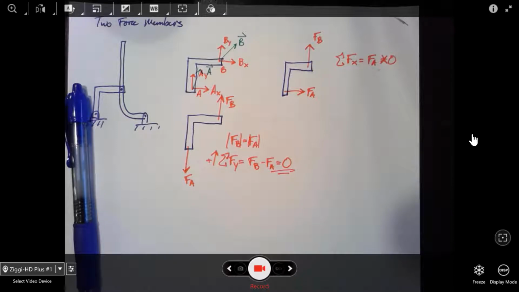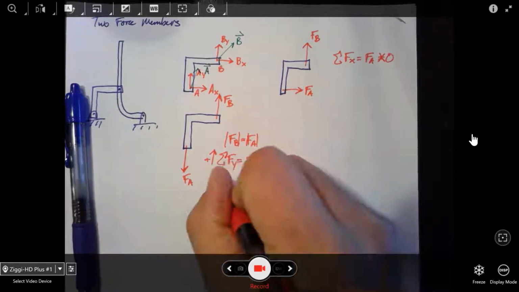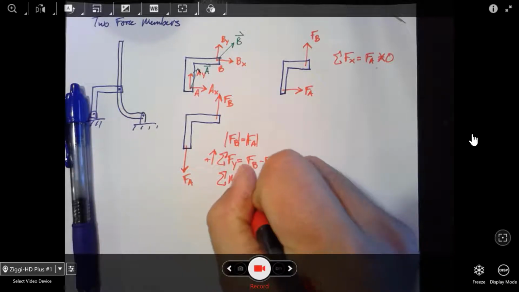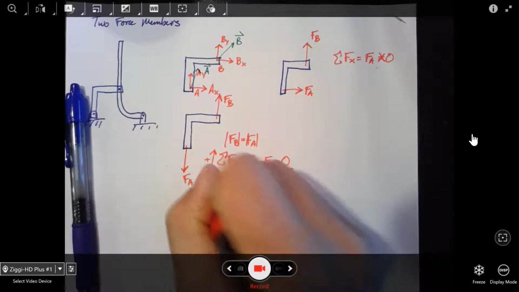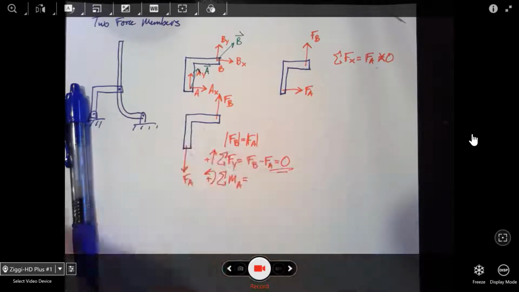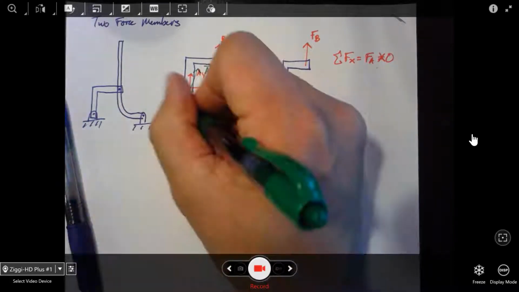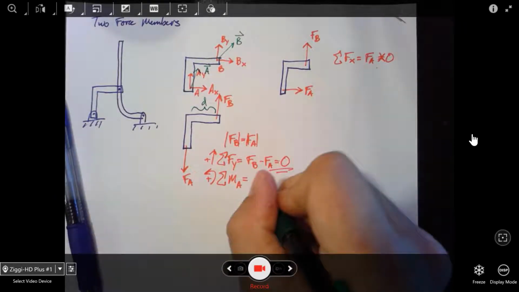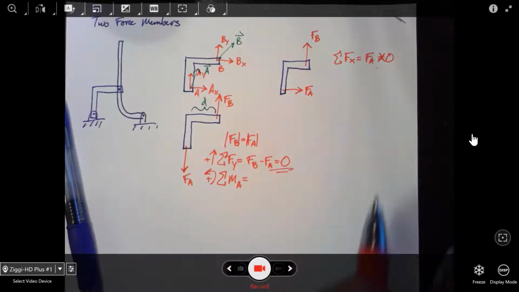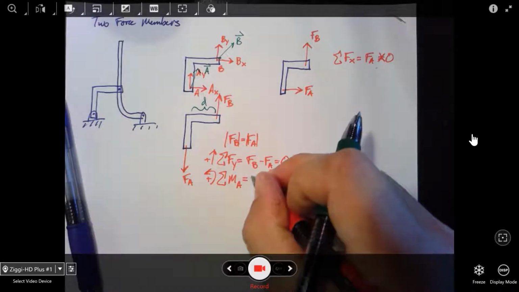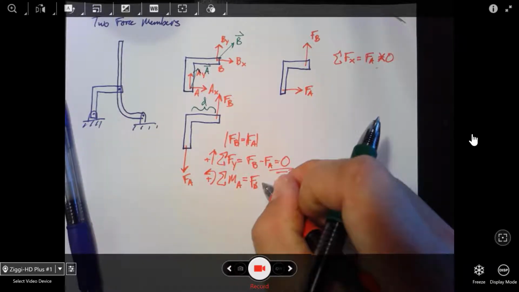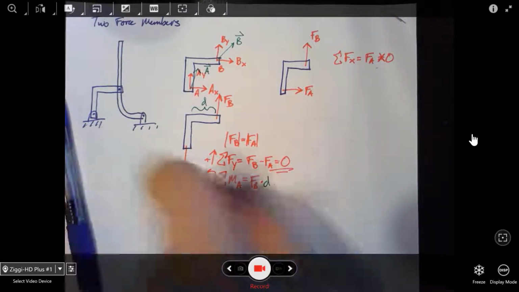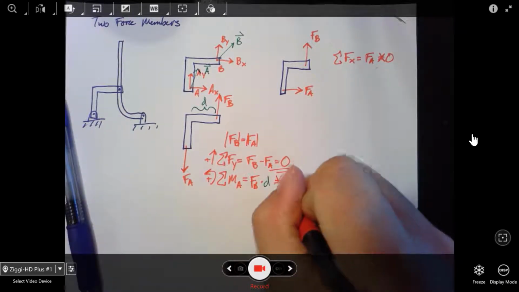It's not in static equilibrium, because if I sum the moments, maybe I'll sum the moments about A, say counterclockwise is positive, I will have this distance D, so I'll have F sub B times the distance D, and that will not equal 0, right?